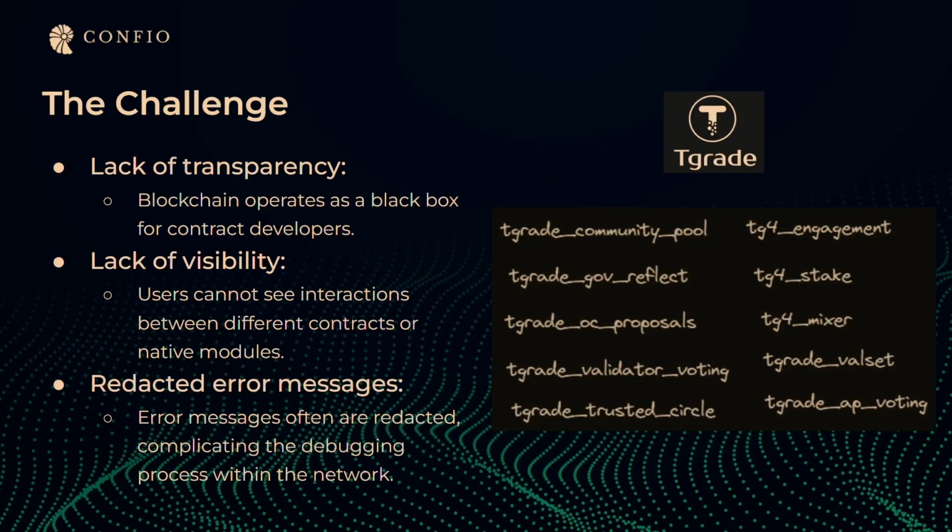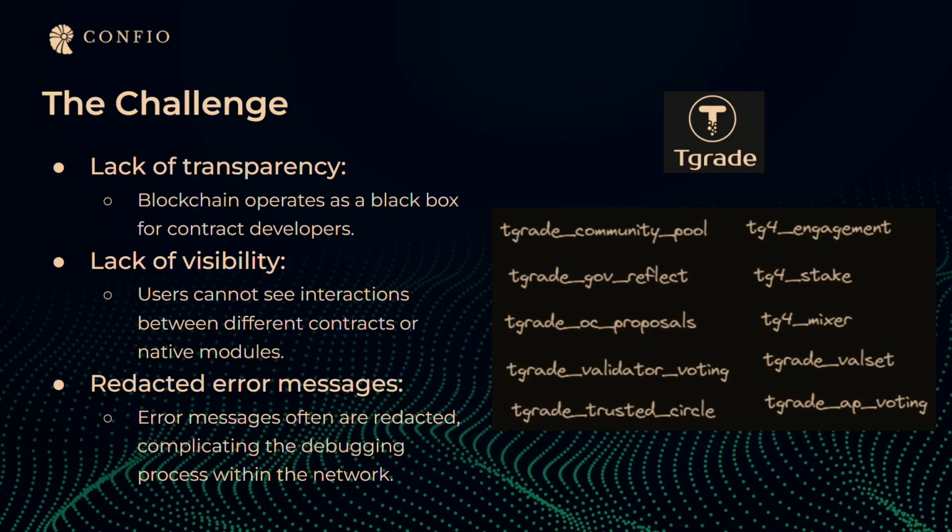So that's the problem we had actually while developing T-Grade. T-Grade is a chain based on proof of engagement, where most of the modules were implemented as contracts.